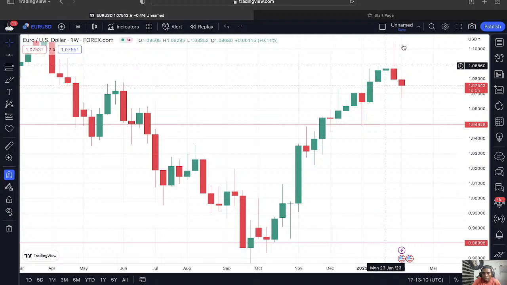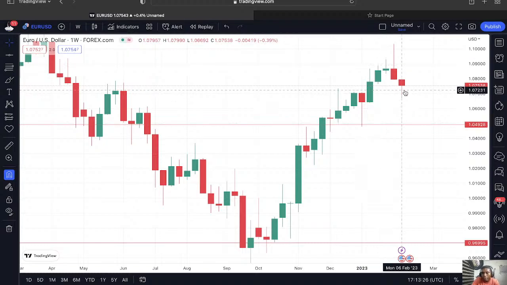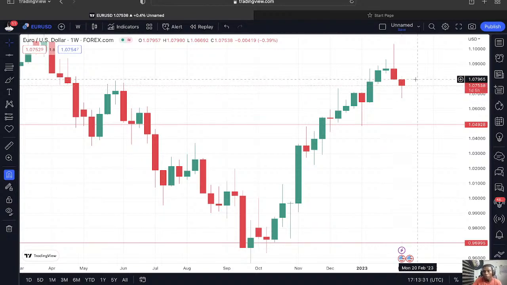As you can see, some buying power is coming in here, and there is a buy pressure here which actually pushed price back up.